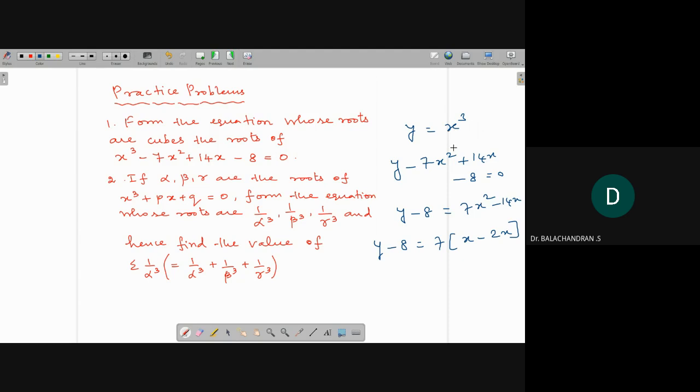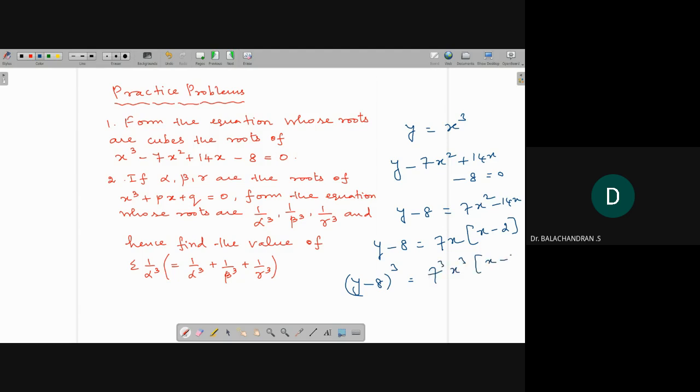X cube. So if I take x also common, what happened? If I take x common, x minus 2. So if I need the x cube term, y minus 8 whole cube is equal to 7 cube x cube.